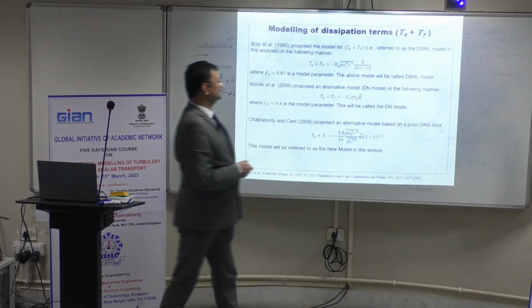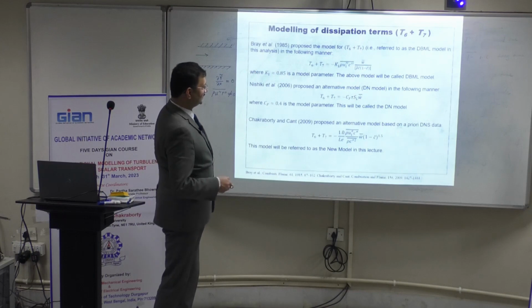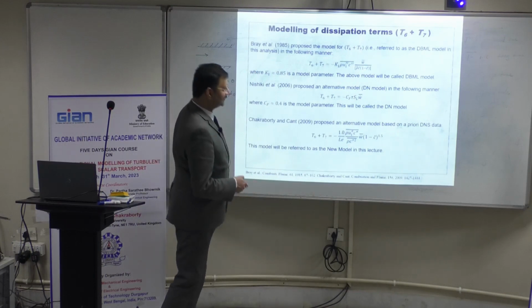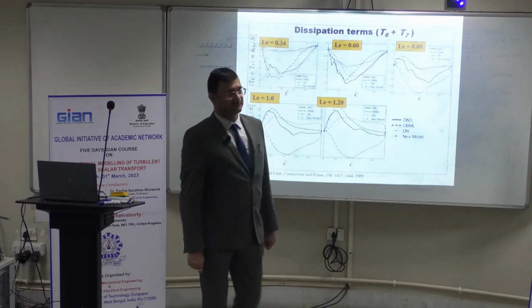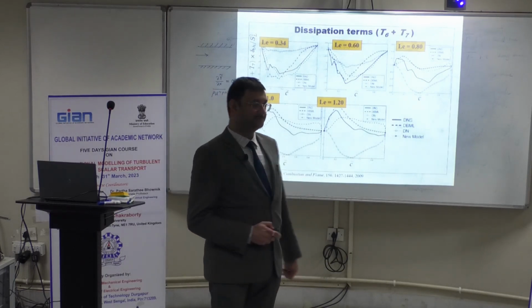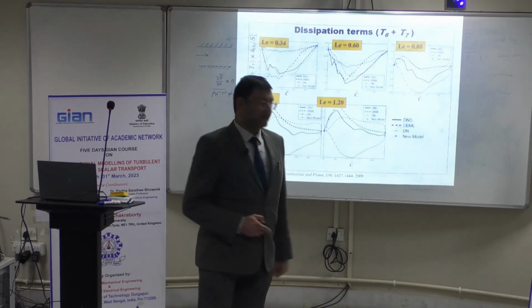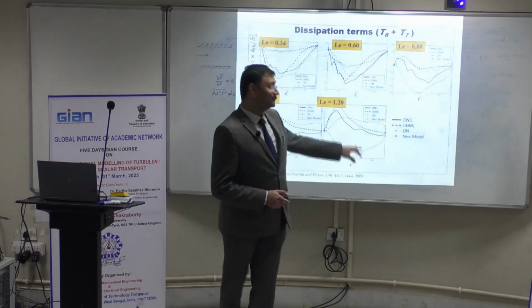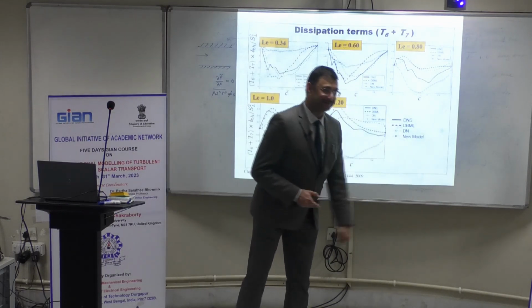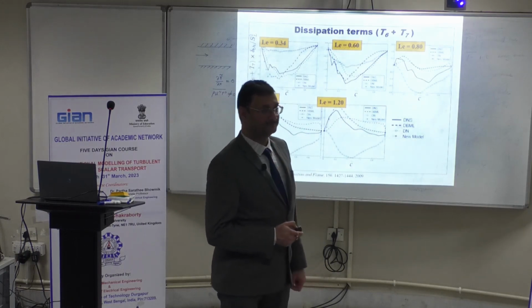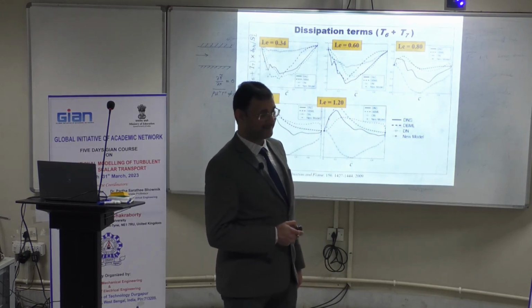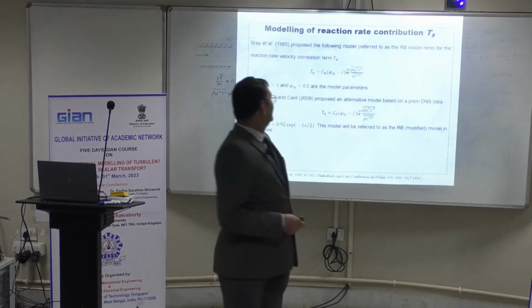We modified Bray's model slightly in this manner to take care of the Lewis number effects. Here is the performance. I think the new one is no longer new. It was new in 2009, but it does a better job than the other alternatives.